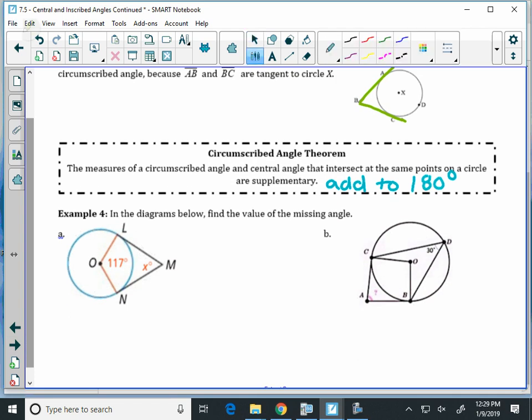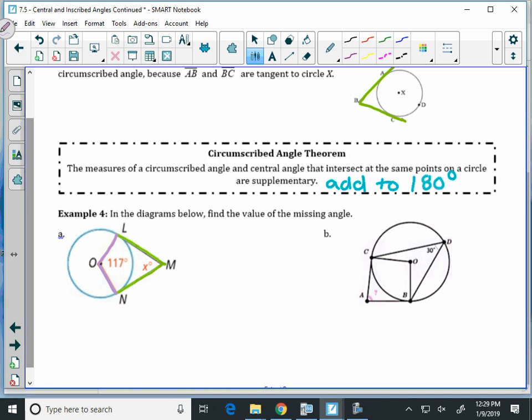I notice I have this circumscribed angle, and it's intersecting the central angle at the same exact points on the circle. So it's making a four-sided figure. It looks kind of like a kite or a diamond, however you think of it. So whenever we have this shape, what do these two angles, the central angle and the circumscribed angle, add up to?